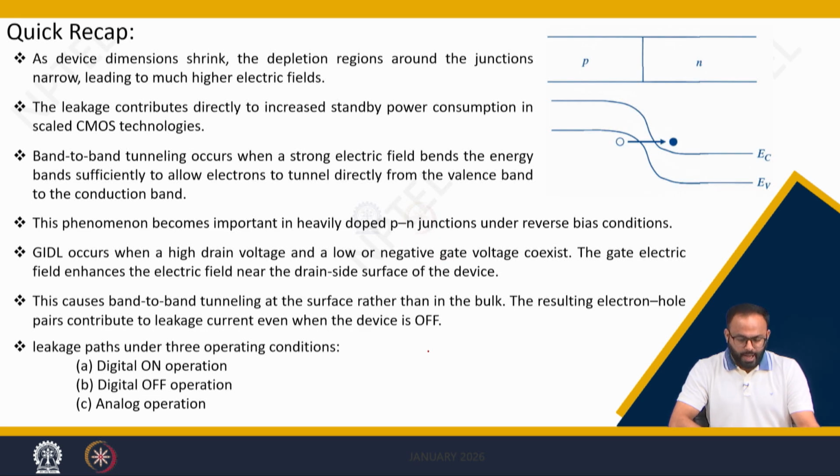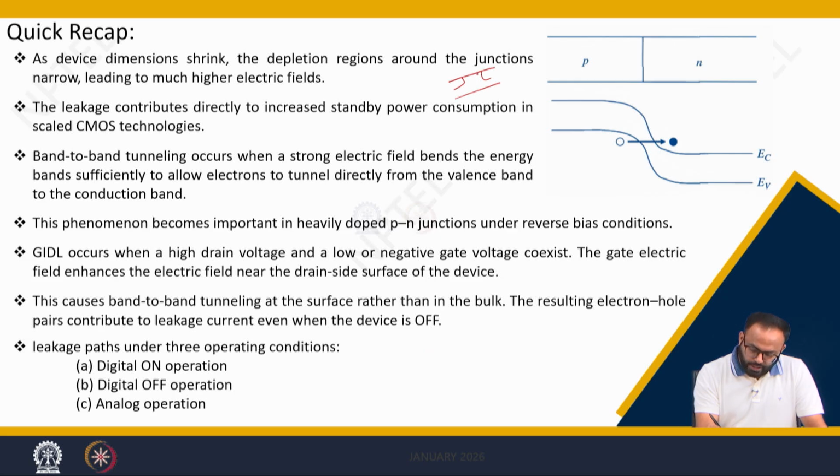Let us do a quick recap. In the previous lecture, we said that when the device dimension shrinks, the electric field near the drain channel junction will be very high, and because of this heavily doped drain channel junction, there is a possibility of quantum tunneling or band to band tunneling.